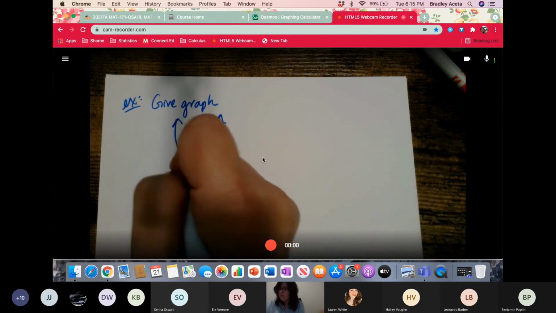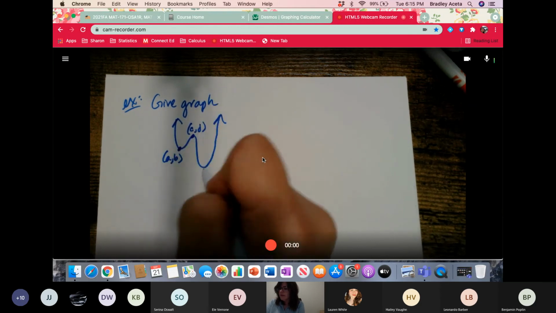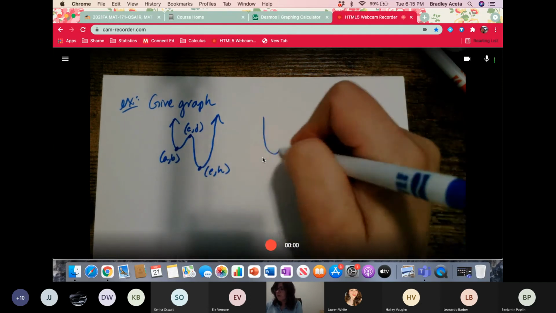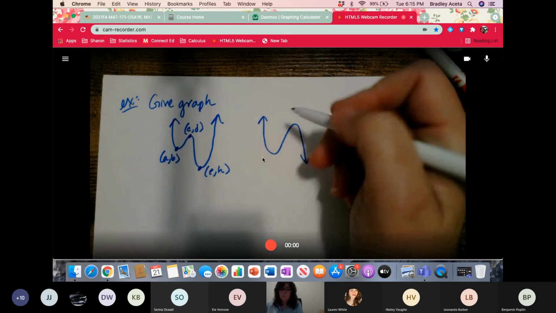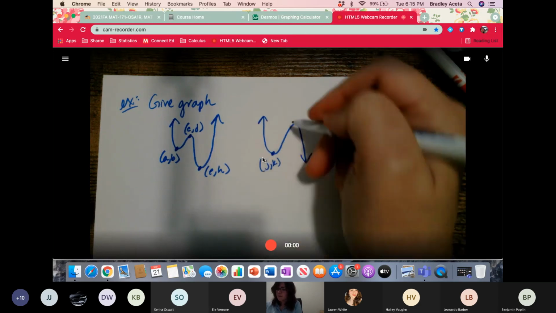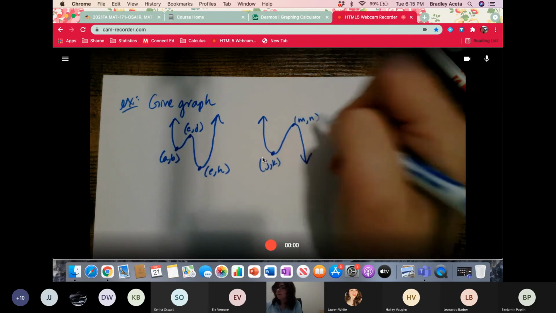They're going to label this as point AB, this one as point CD, and this one. They're not even going to tell you the points. They're actually going to give it letters, E and H. And then they'll give another one. This one is JK. And this one is MN.